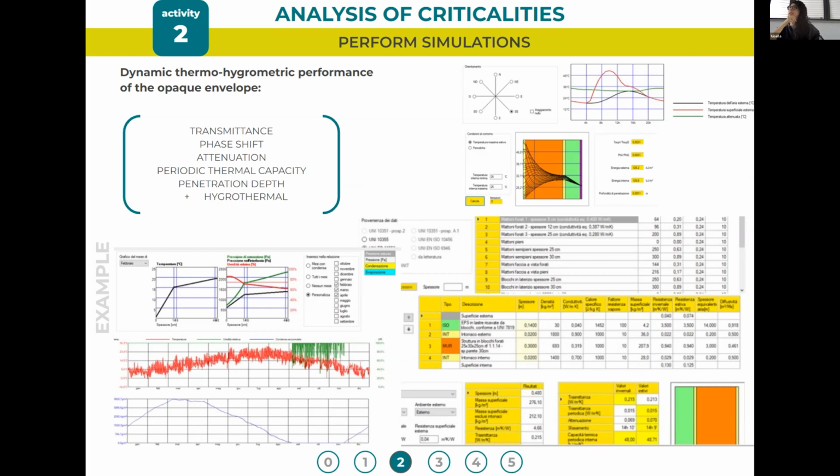This software consents us, starting from the stratigraphy and the different materials composing the opaque envelope, to understand not only the transmittance, but also other thermohygrometric parameters that really describe the building under changing external conditions, such as the phase shift, the attenuation, the periodic thermal capacity, the penetration depth, and also the hygrothermal condition of the envelope.